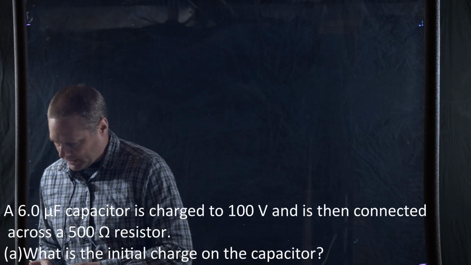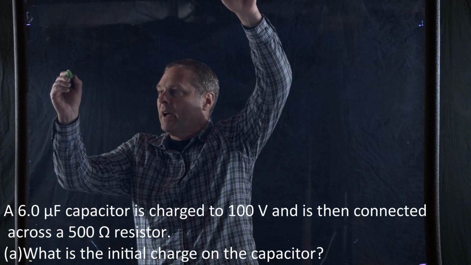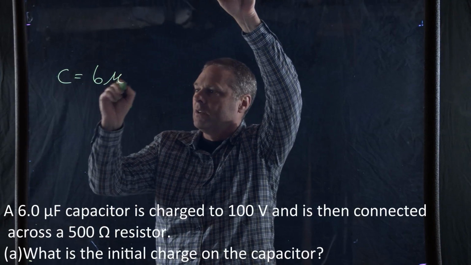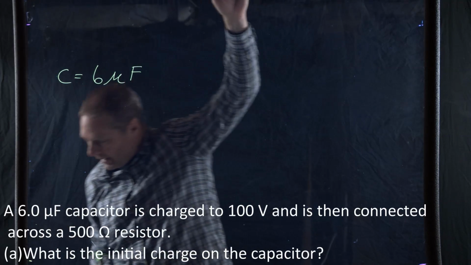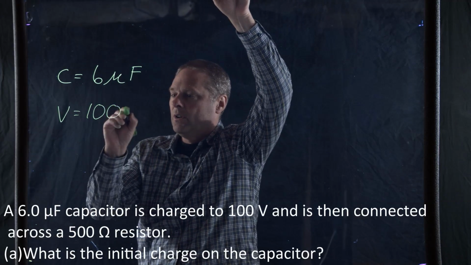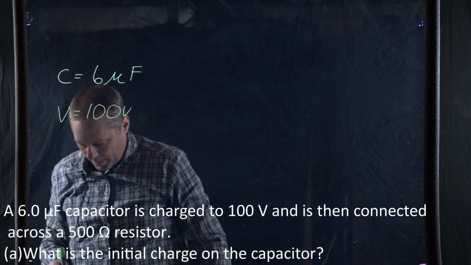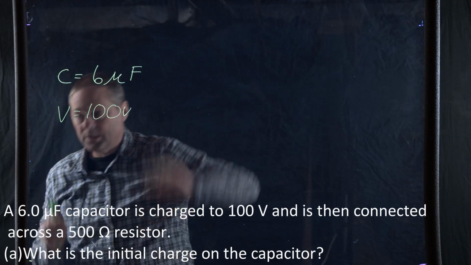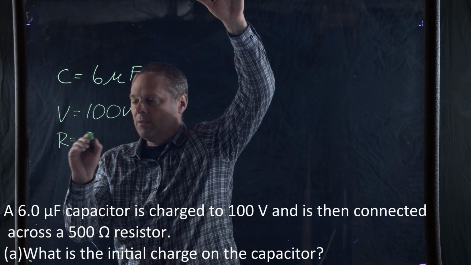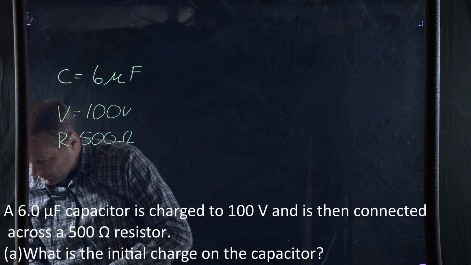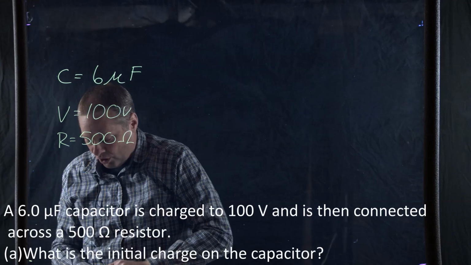So let's write a few things down real quick. We know that the capacitance is equal to 6 microfarads. We know the voltage is equal to 100 volts. And we know that there's a resistor of 500 ohms. What is the initial charge?